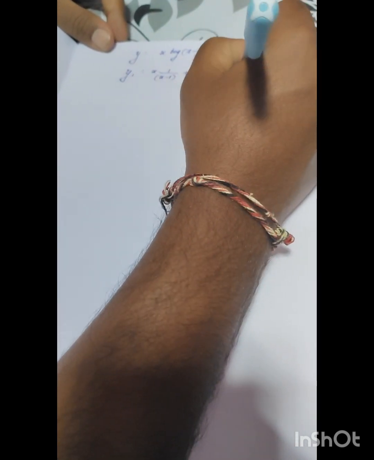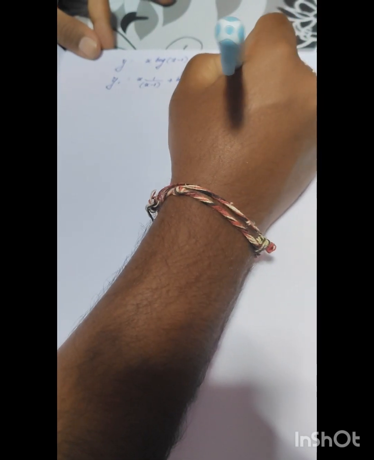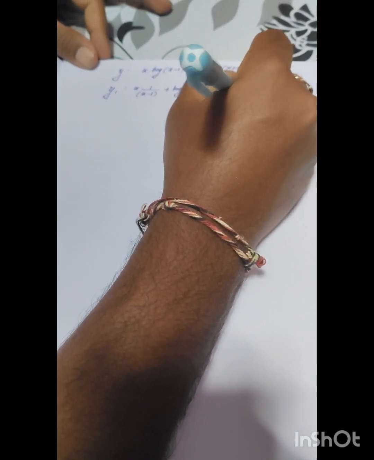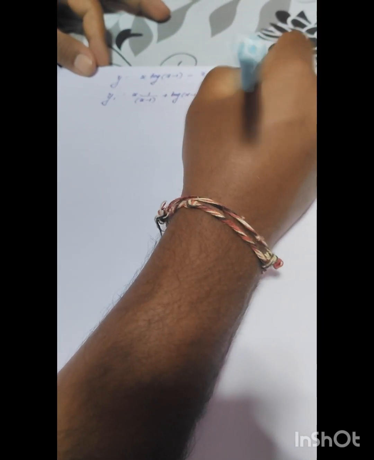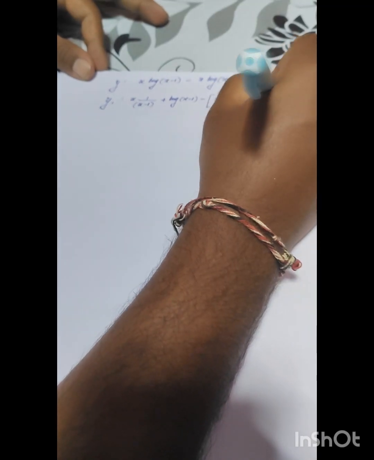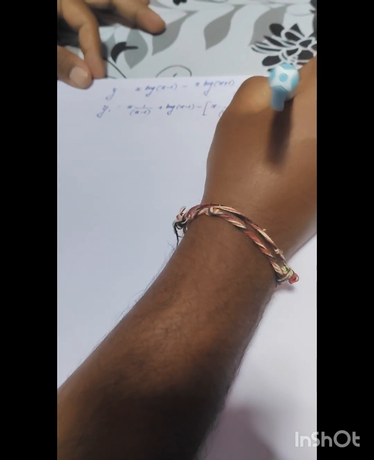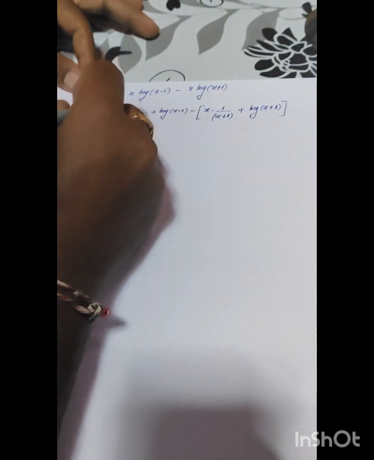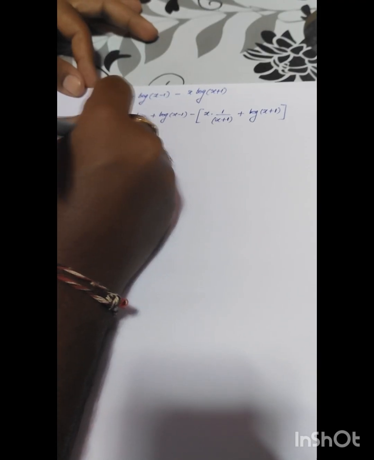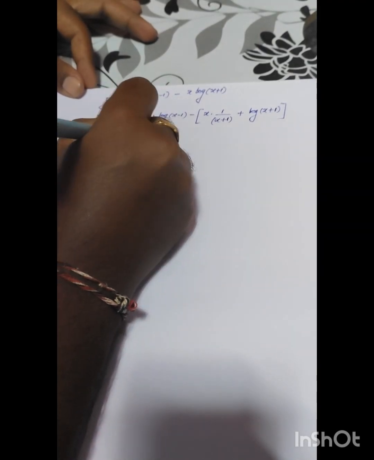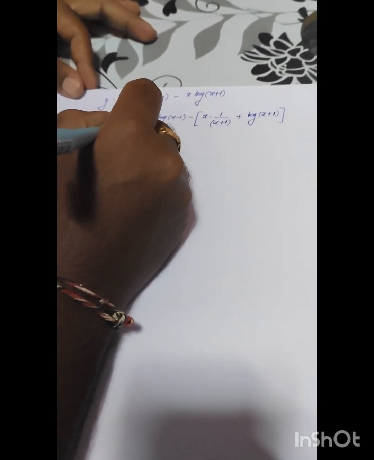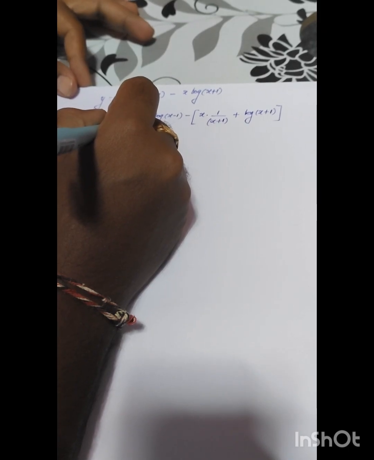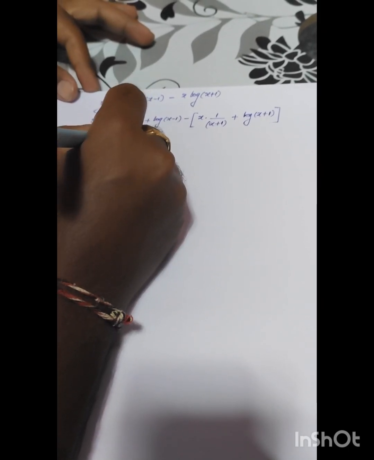So x into the derivative of log of x minus 1 will become 1 over x minus 1, plus log of x minus 1 into the derivative of x, that is 1. So this is the product rule: first function into the derivative of the second function plus second function into the derivative of the first function.